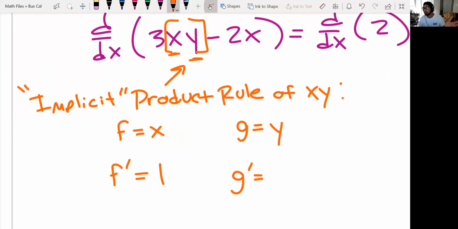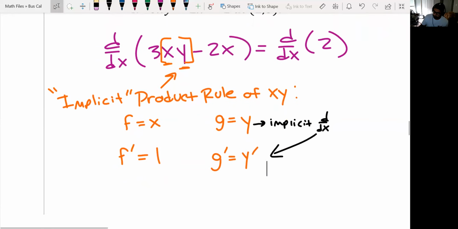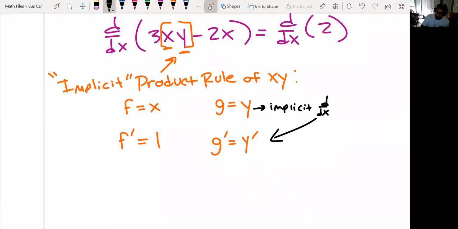So like everything else today, the derivative of y is going to be y prime. We're doing the implicit derivative of that one, which makes it become that. Okay. And now, let's come back and remember what number was waiting out front.